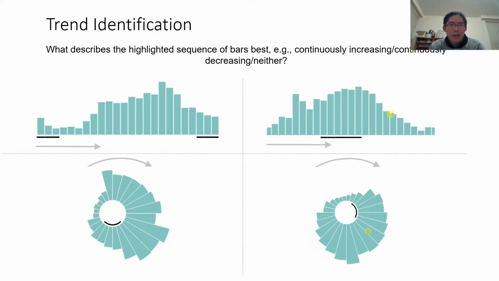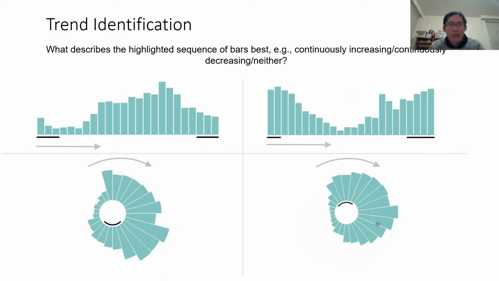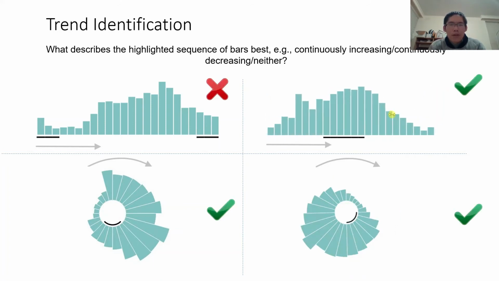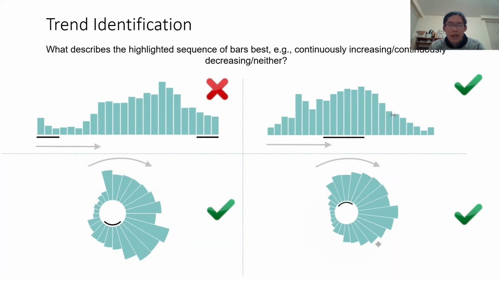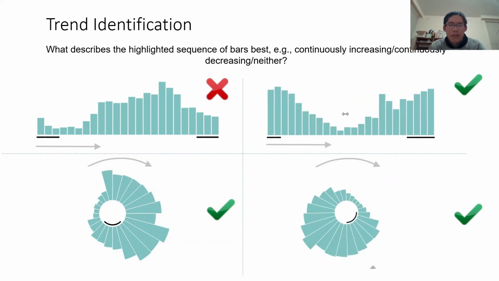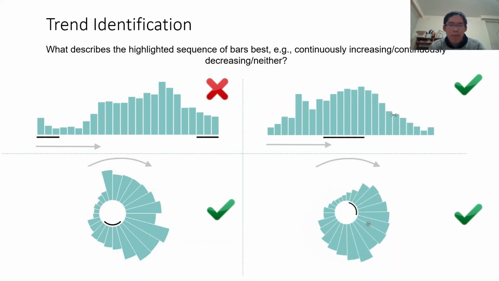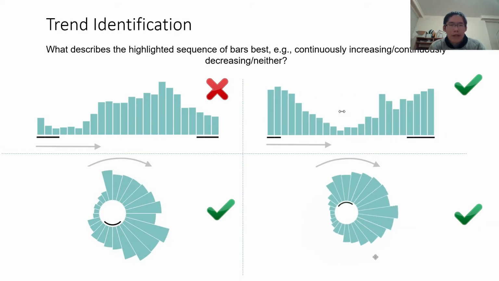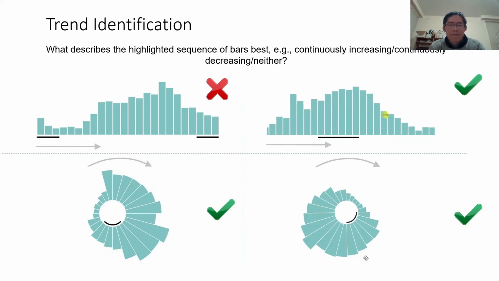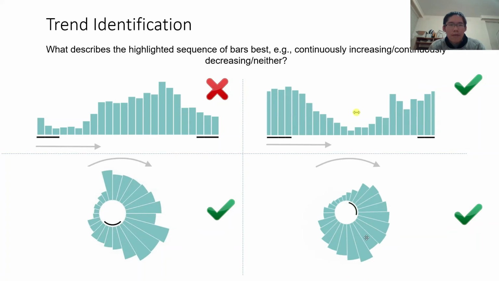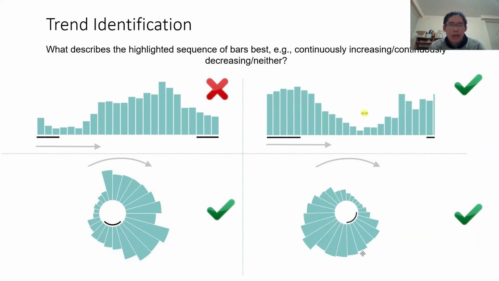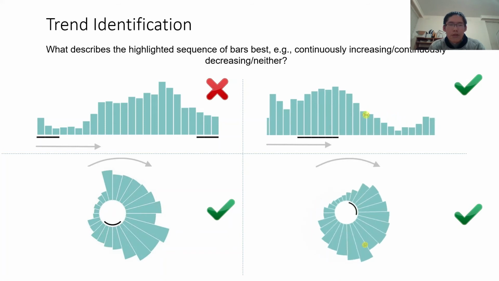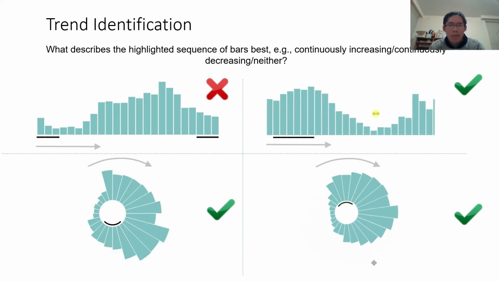The results indicate that for trend identification tasks, interactive bar chart, static polar, and interactive polar are significantly more accurate than static bar charts. More detailed statistical results can be found in our paper.